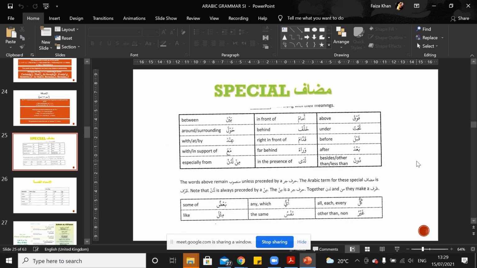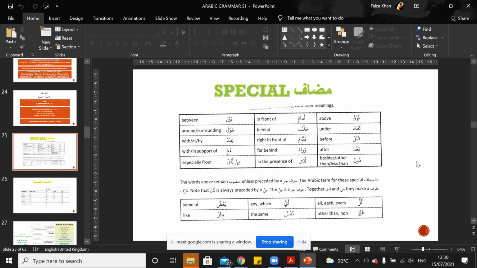While talking about this idafa fragment, there are some words that are considered special mudaf. When they come, they don't have to follow the rules of mudaf, but they affect the ism coming after them and make it majroor.